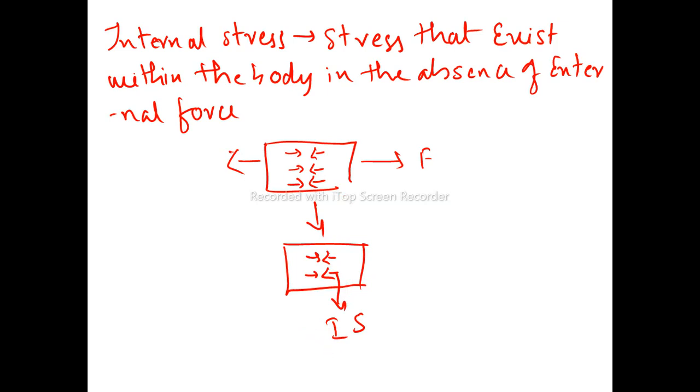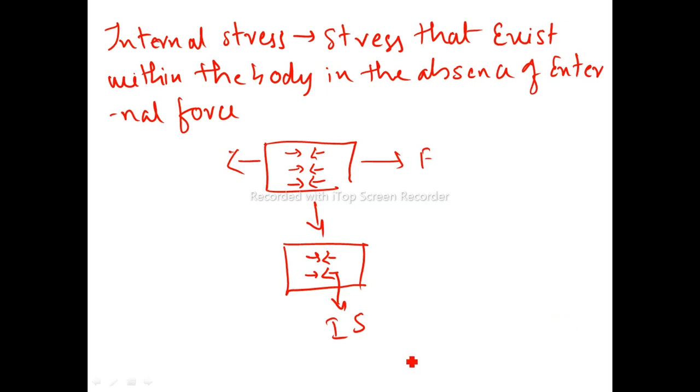How do these adversely affect the system or the body? Steel with residual stresses in a corrosion environment fails by stress corrosion cracking, whereas in general the failure by stress corrosion cracking occurs under the combined action of corrosion and externally applied stresses. This is the first adverse effect of internal stresses.